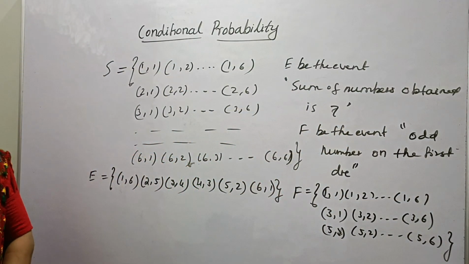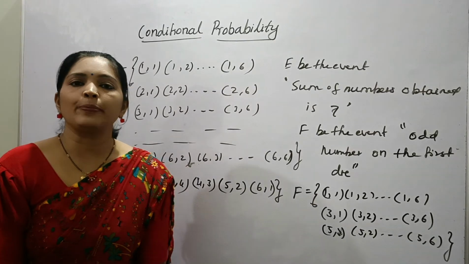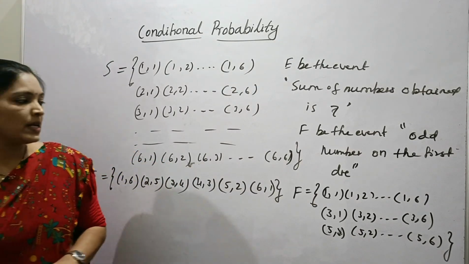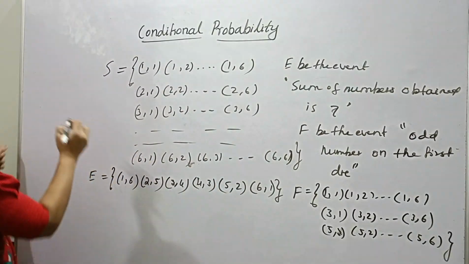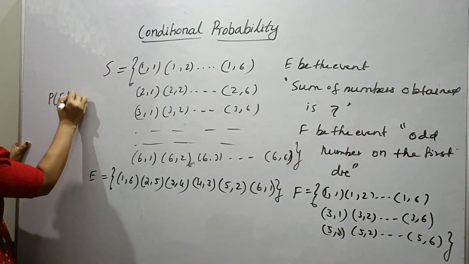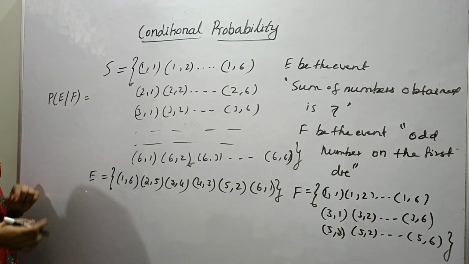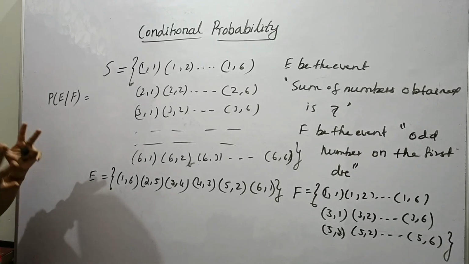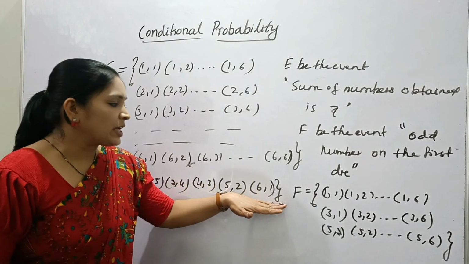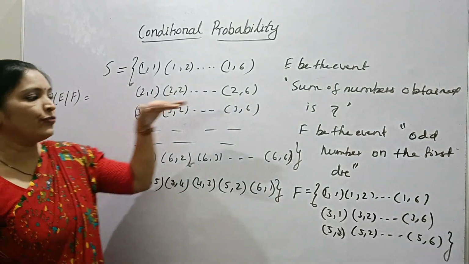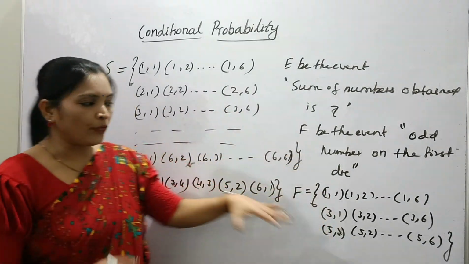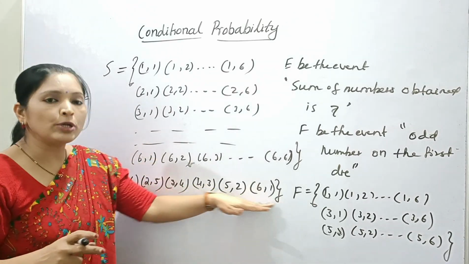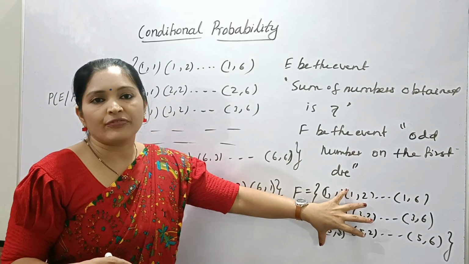Now we have to find the probability of E given that F has occurred. So we have to consider the outcomes favorable to E, given that F has occurred.